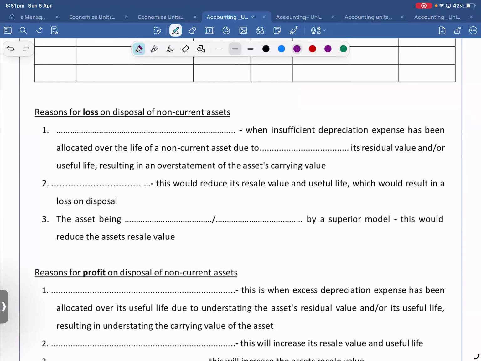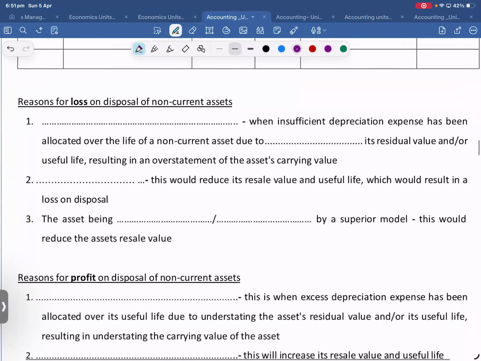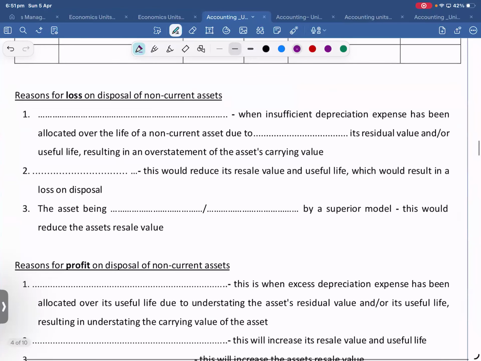Now, did we calculate the profit or loss on the disposal? Yeah. Now, what are the reasons? Okay, we write firstly, take down, under depreciation.